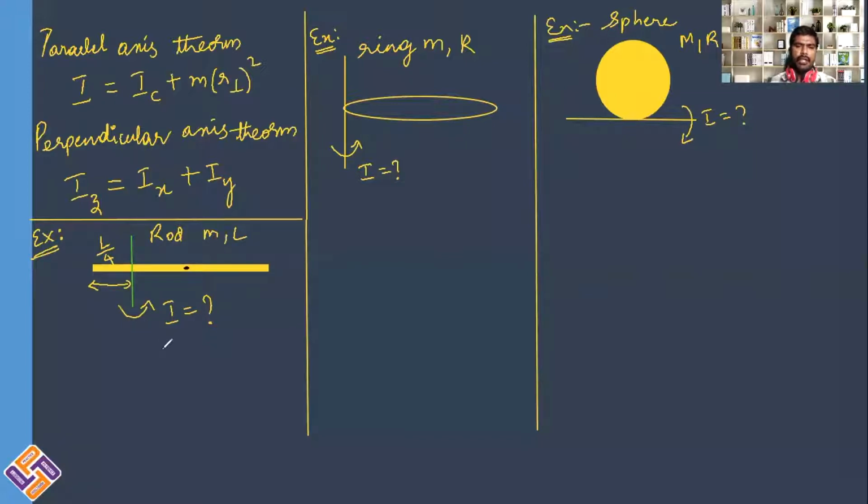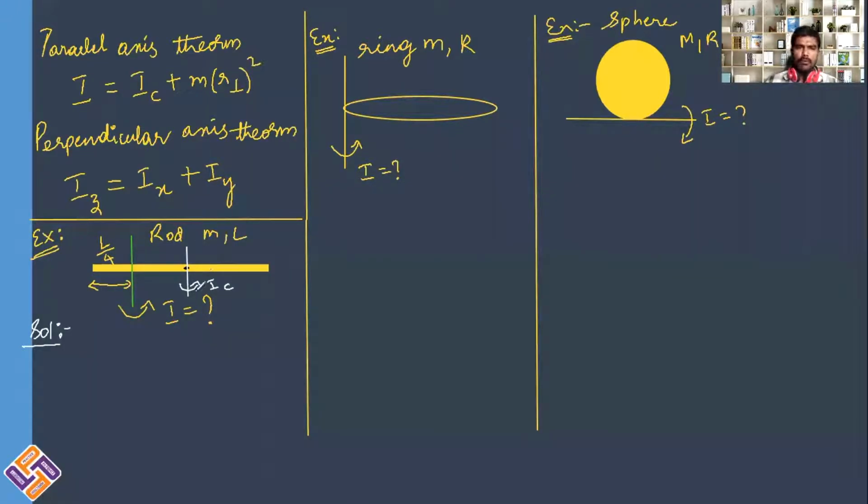In order to calculate the moment of inertia for this rod, I can use the parallel axis theorem here. We know the moment of inertia with respect to the axis about the center, which is perpendicular. Let me consider it as IC. That IC is already known to you because we have already derived the moment of inertia with respect to the axis about the center.